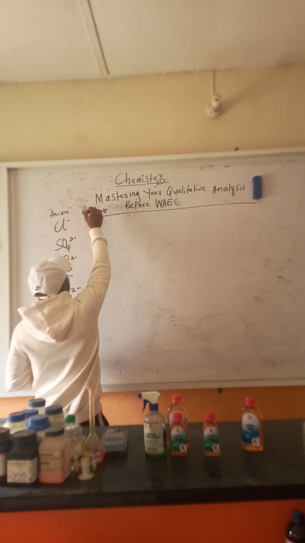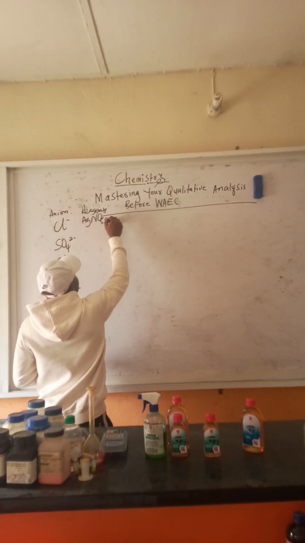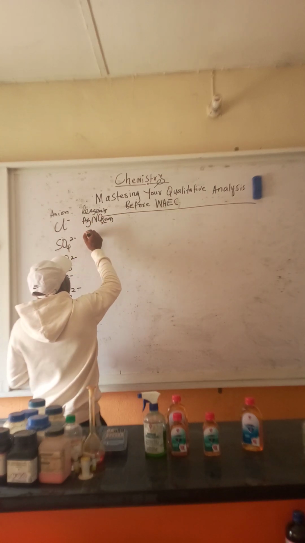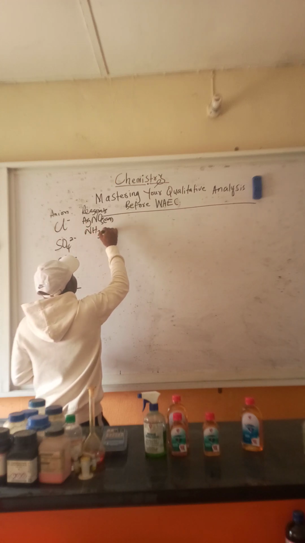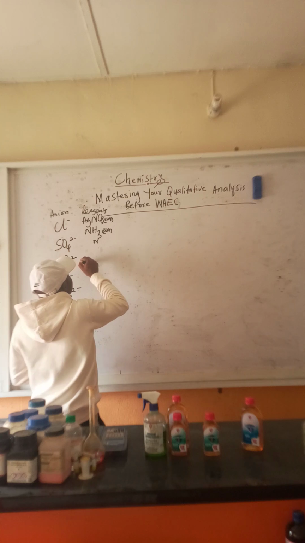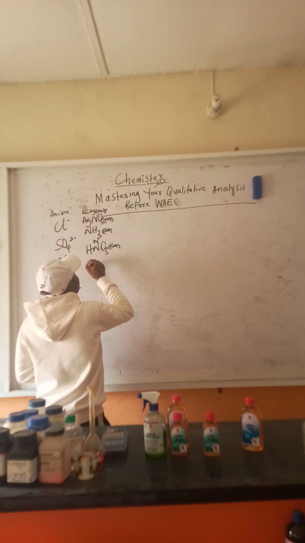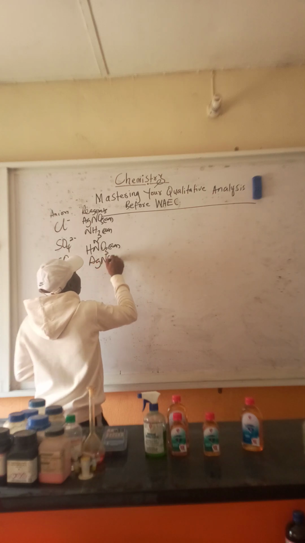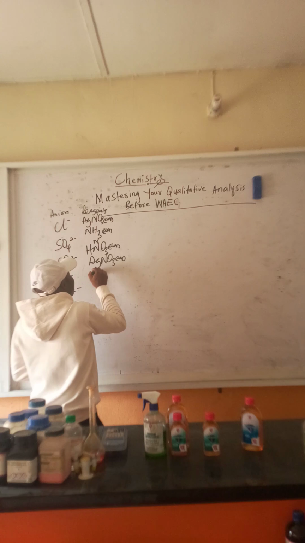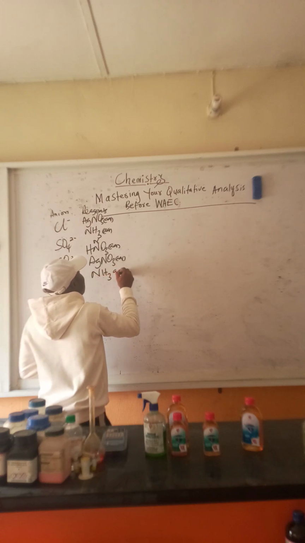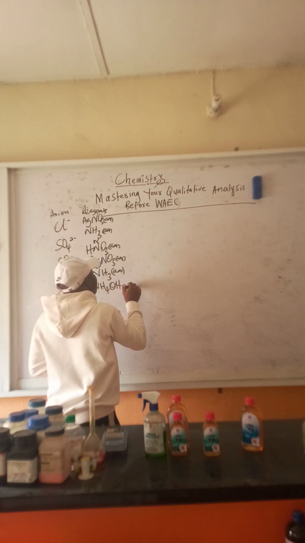We mentioned AgNO3 solution, recall, which goes together with aqueous ammonia. We said you can also use a mixture of HNO3 solution and AgNO3 solution, which goes together with either aqueous ammonia or ammonium hydroxide solution.